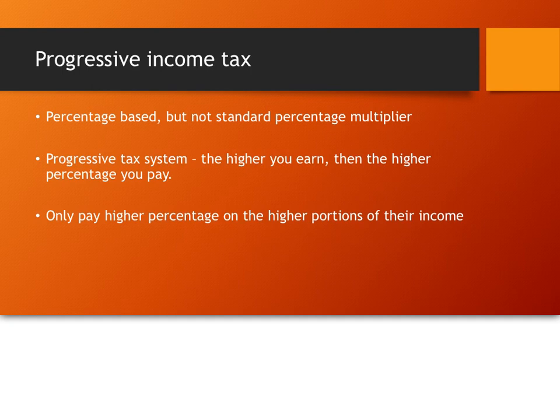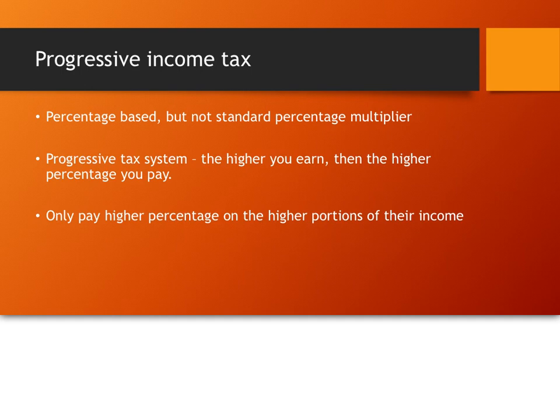First off, it is the U.S. tax system. So it's the tax system that we do on our income taxes. Secondly, the basic premise is that the more money that you make, the higher percentage you pay, up to a certain percentage, of course.